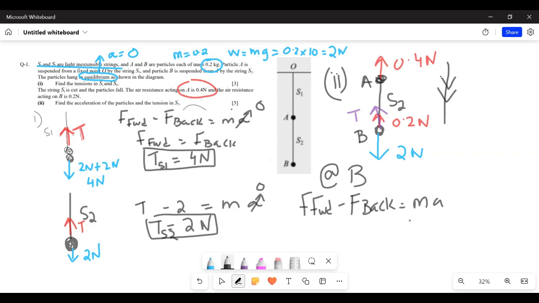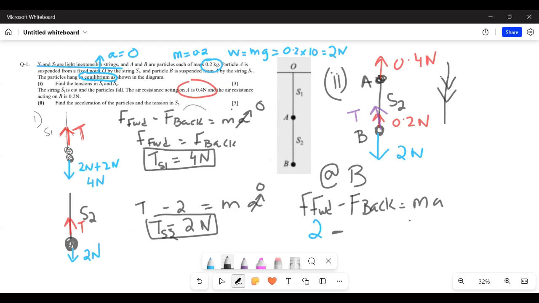Will it be 2.2? Look, the object is going downwards, so the forward force should be just 2 newtons, the weight. 2 minus what's going to be the backward force? Why is it 2.4? Tension is not 2 now.